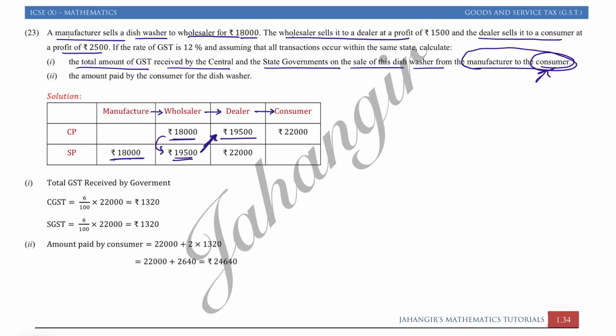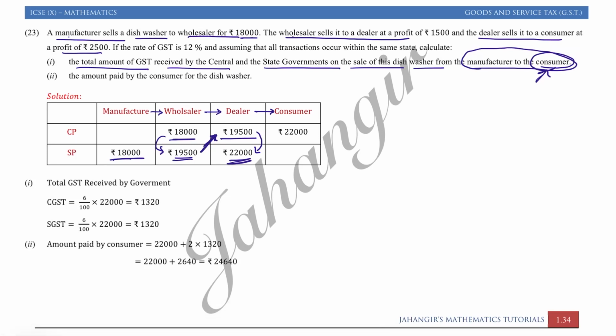So if you add 2500, 19,500 plus 2500, you will get 22,000. So 22,000 is the selling price for the customer, and customer is buying it for rupees 22,000. So now hope this table is clear.